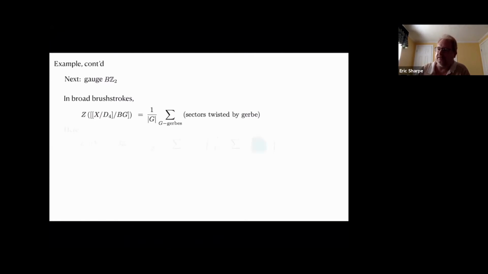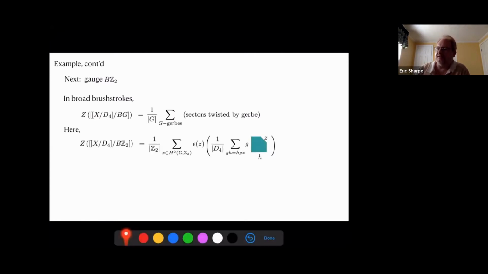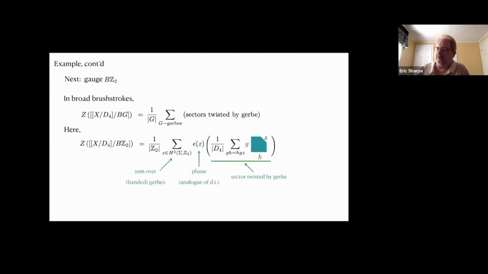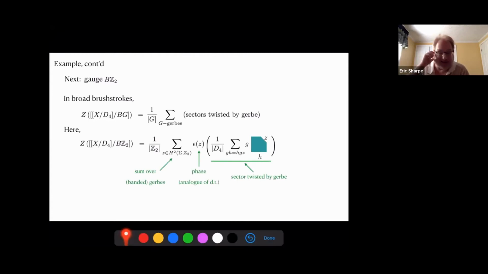So in this case, I have a BZ2 I want to gauge. So I have a 1 over the order of that Z2 times a sum over gerbes, banded gerbes, it turns out. There's a more general class of gerbes which don't arise in the sum. If anyone's curious, ask me later.